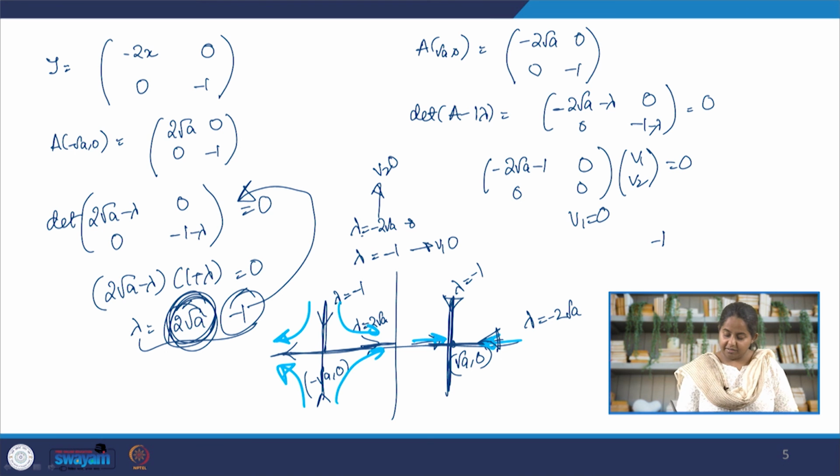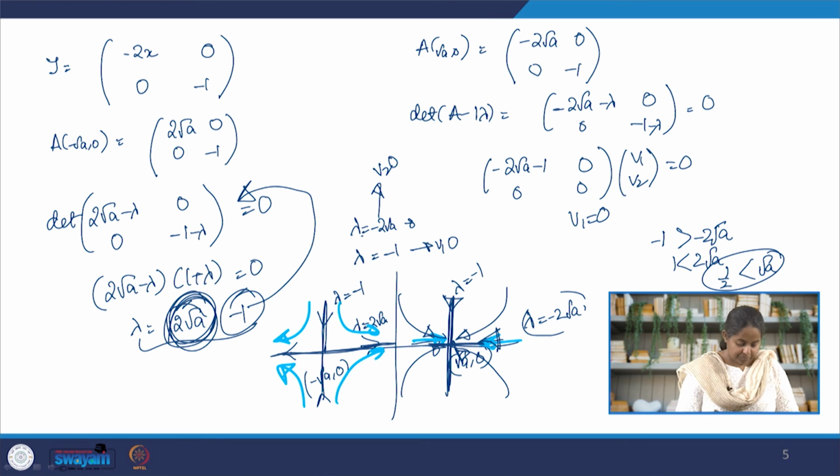Now, if minus 1 is bigger than minus 2 root a, or 1 is less than 2 root a, or root a is greater than 1 by 2, so it depends upon the value of a, then the slower eigenvector is the one along minus 2 root a. So the trajectories will look like this, tangential to the slower eigenvector.